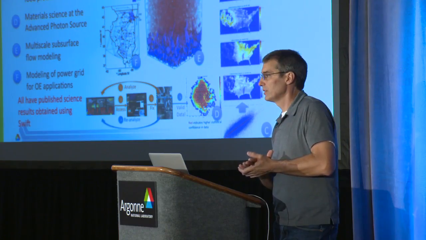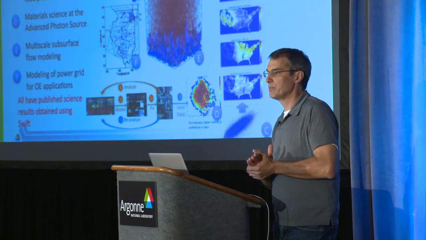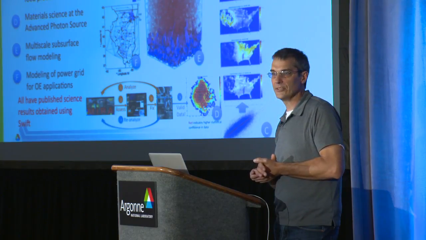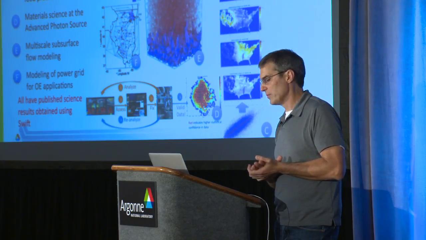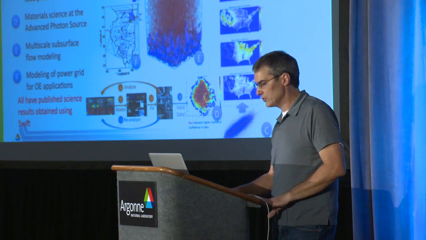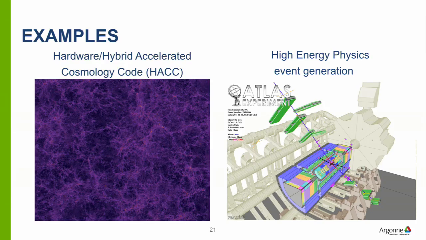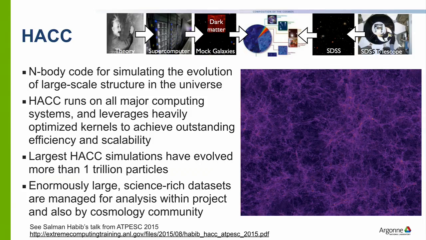So Swift has been around for many years and is well supported and widely used. I'll talk about a couple of examples. They are the HACC code, which is for cosmological simulations, and high-energy physics event generation. These are two projects that I'm involved with, and so I will describe them to you.